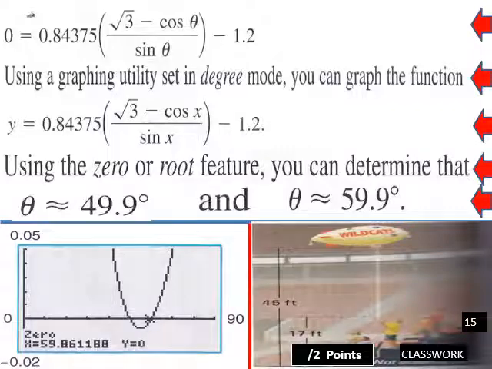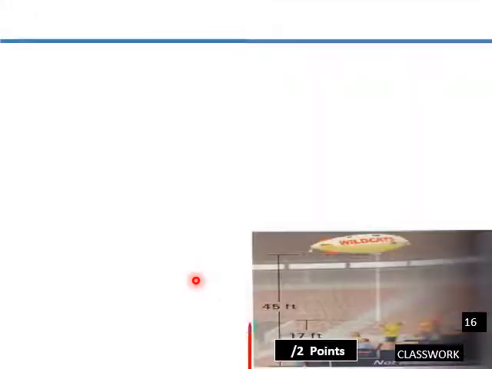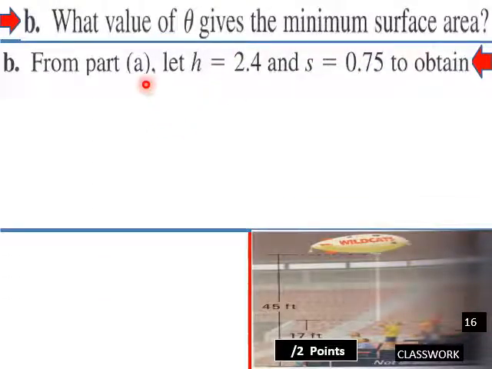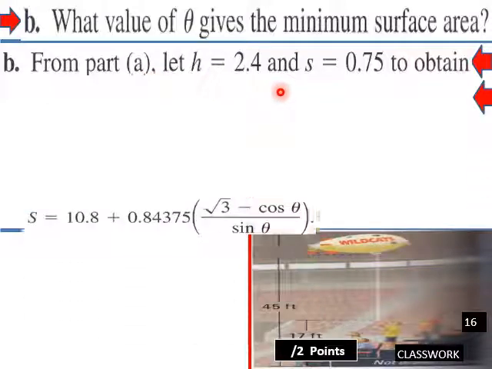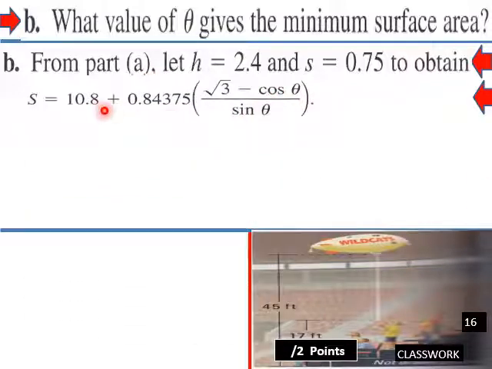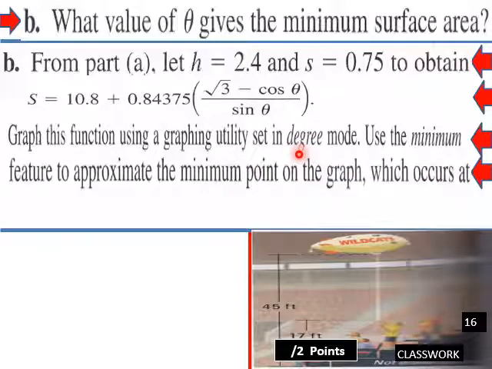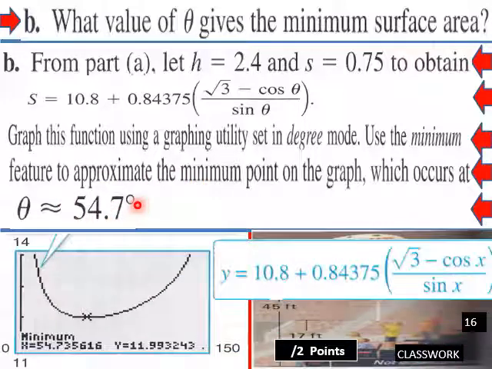So now, what value of theta gives the minimum surface area? From part A, at h equals 2.4, s equals 0.75. To obtain this, here is our formula. Then graph this function using a graphing utility set in degree mode. Use the minimum feature to approximate the minimum point on the graph, which occurs at theta equals 54.7.